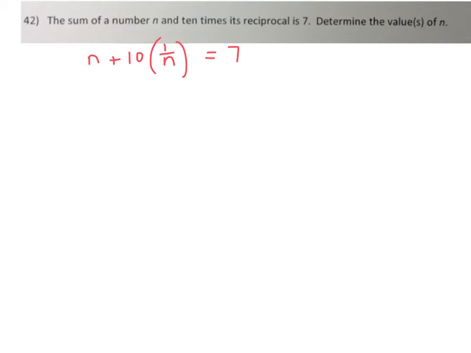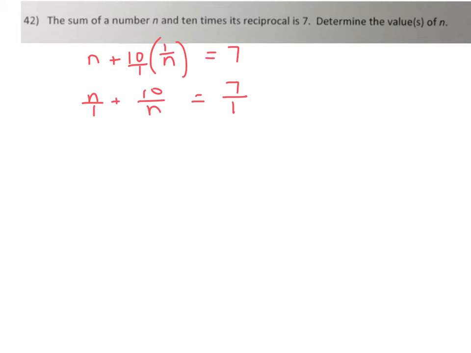So let's write equal 7. Okay, I'm going to make everything into a fraction just because we have a fraction right here. So I'm going to take this and make it into n over 1. Now, if I took this 10 and made that into a fraction, I can just multiply across. So this would give me 10 over n. So this fraction is going to be 10 over n, and I'm going to say equals 7 over 1.